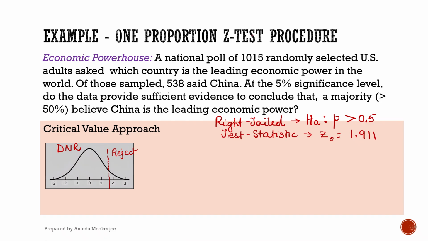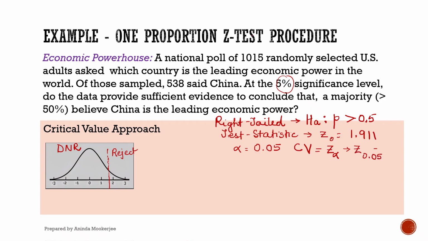So keep in mind, what was the alpha value that we are using? It's a 5% significance test, so alpha was 0.05. So the critical value, the CV, is z of alpha. All right. So z of alpha is z of 0.05.